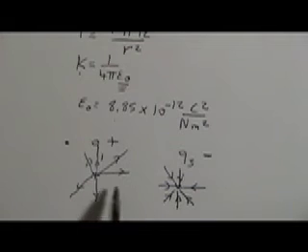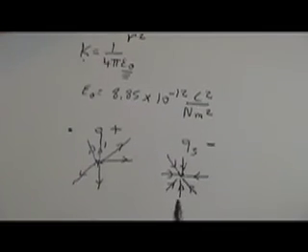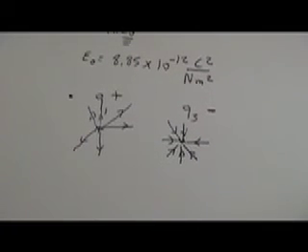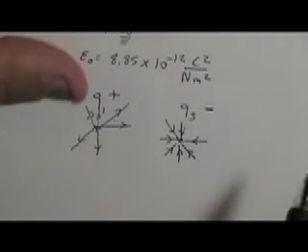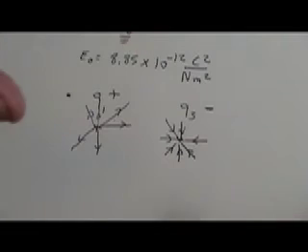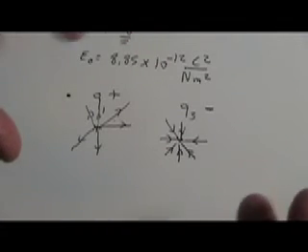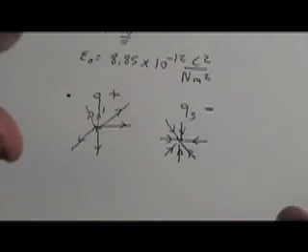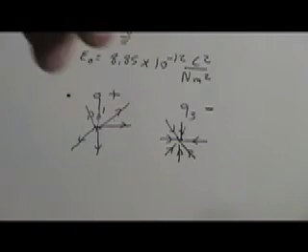Now these two fields interact with each other. You can picture these fields as having hands or tentacles, and those hands interact with each other, so there will be a force between the two charges. They can be pushing each other or pulling each other in.